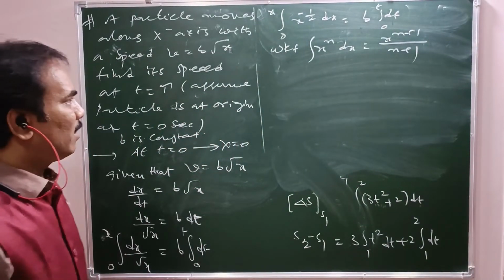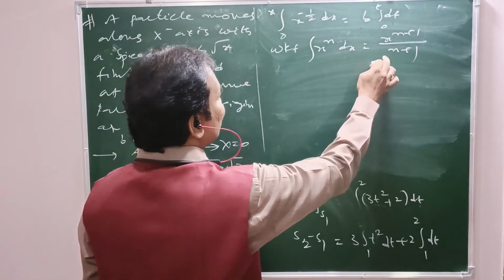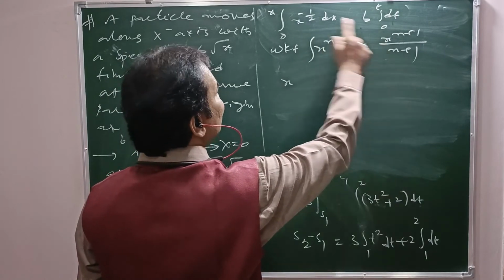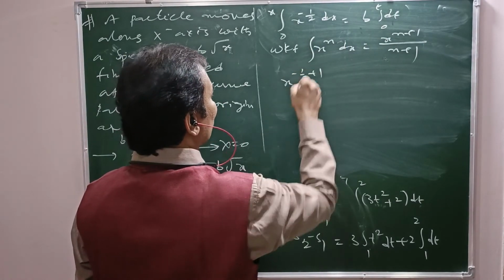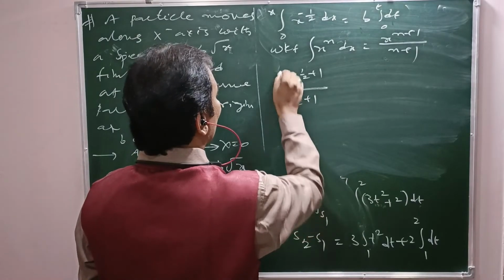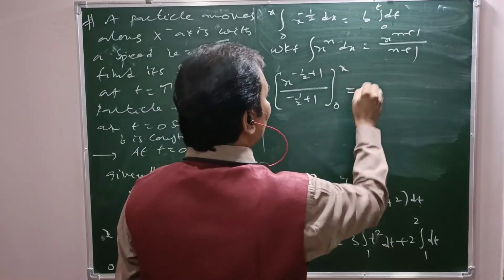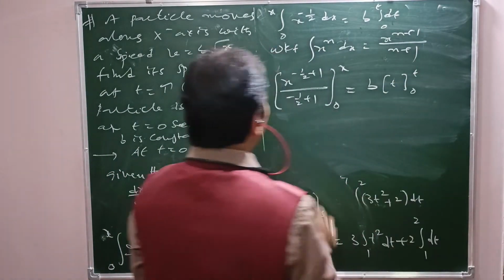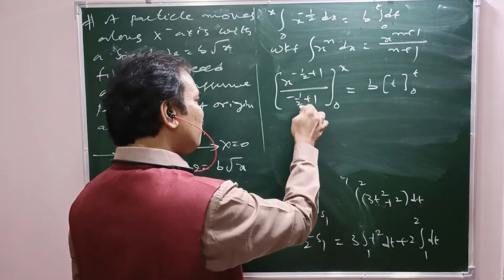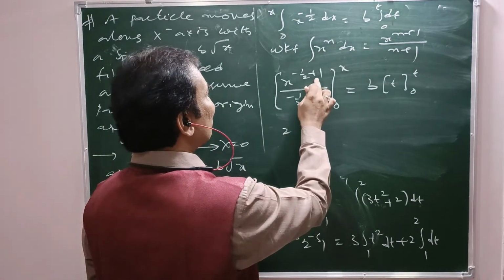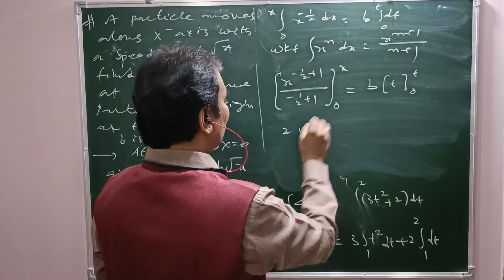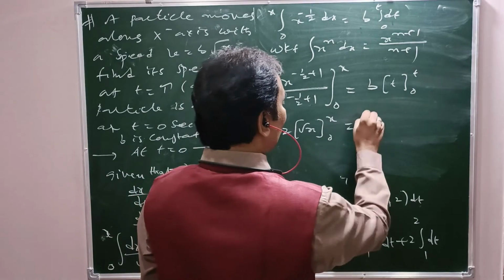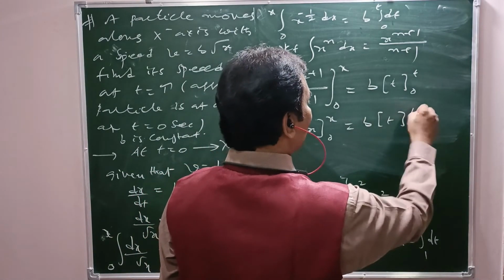Making use of this result, n here is minus 1 by 2, so we get x power minus 1 by 2 plus 1 by minus 1 by 2 plus 1, limits 0 to x. Minus 1 by 2 plus 1 means 1 by 2, and 1 by 1 by 2 means 2. So 2 into x power 1 by 2, that is 2 root x, limits 0 to x, equals b into t, limits 0 to t.